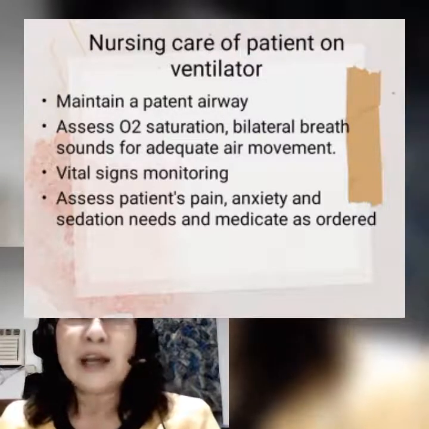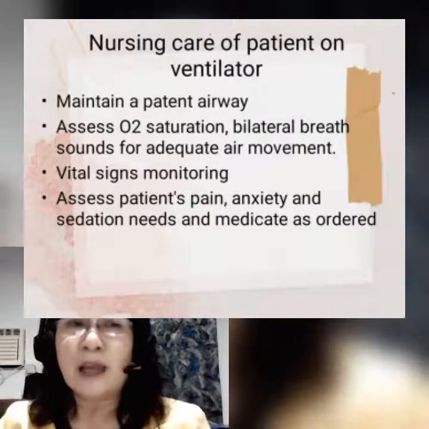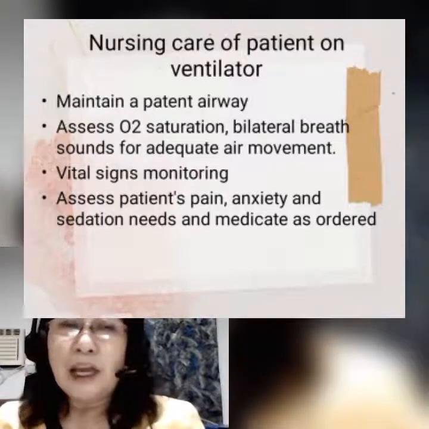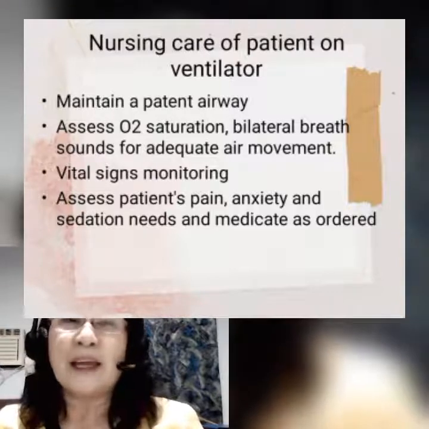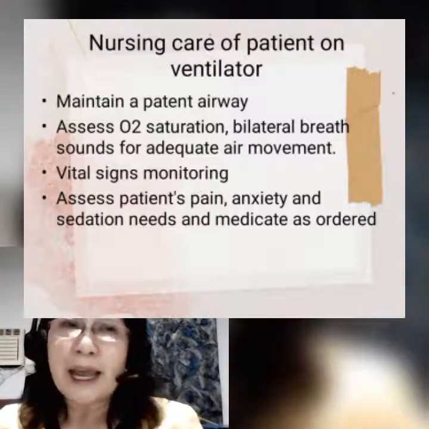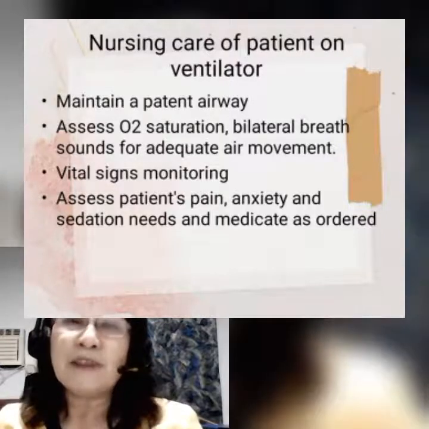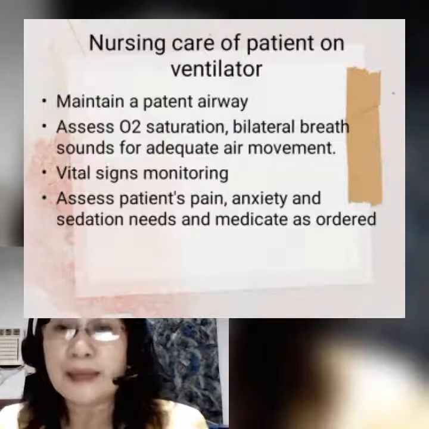The more you suction the patients, the more you are taking the oxygen from them. So you have to assess if the patient is already cyanotic or already having a rapid respiratory rate and the O2 saturation is already 95 and below, you have to hyperventilate the patient.